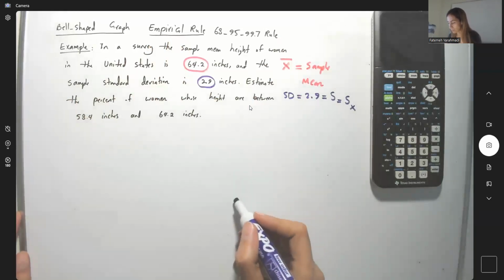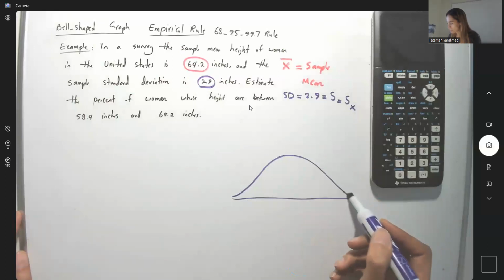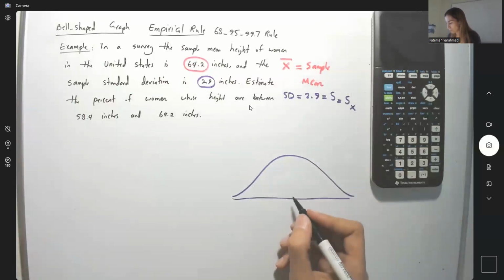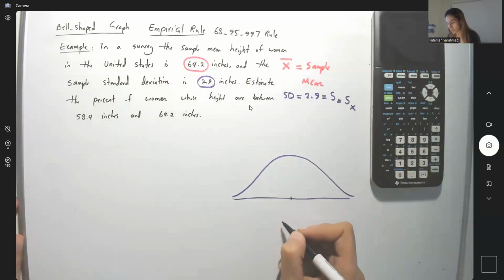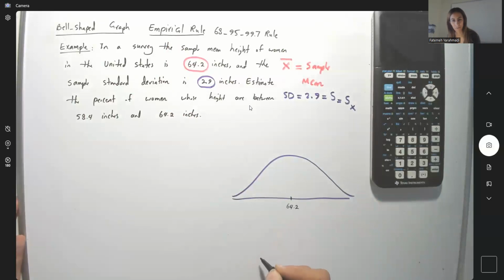It means that if I graph this normal distribution, the mean of the data is centered in the middle. This is the mean, which is 64.2 inches.